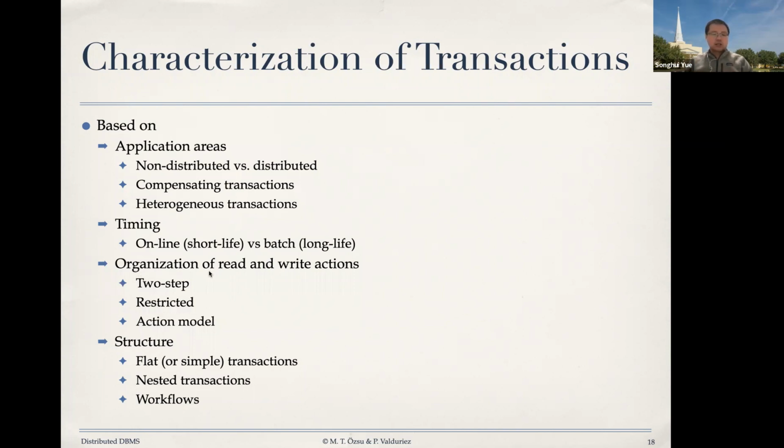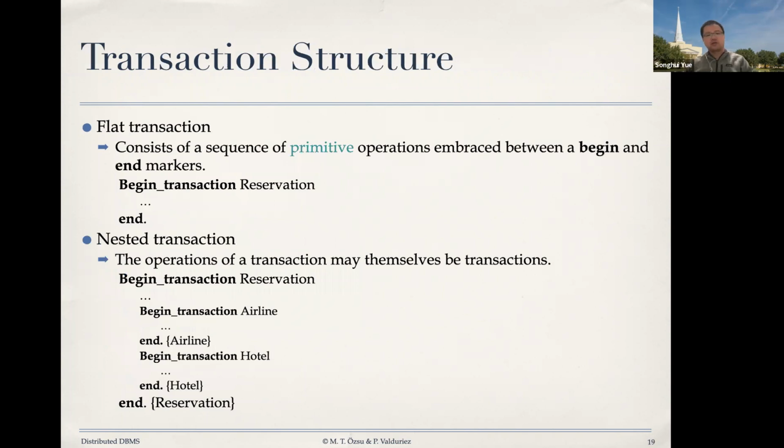For the organization of read and write actions, there could be a two-step restricted or action model types. Based on structure, there could be a flat transaction, nested transaction, or workflows. So we mainly will talk about several types of transactions based on the structure. The first one is the flat transaction.